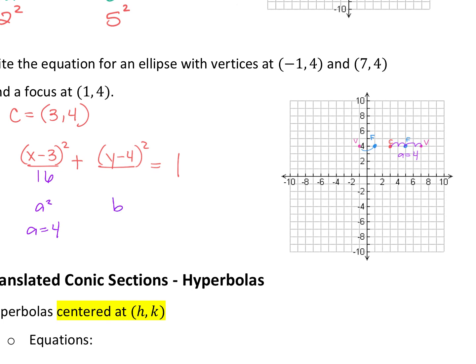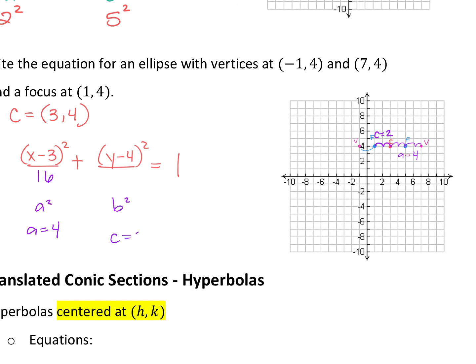So we got to figure out what is b squared. What's your c value? C always goes from where? Center to focus, right? If C goes from the center to the focus, your C value is 2.